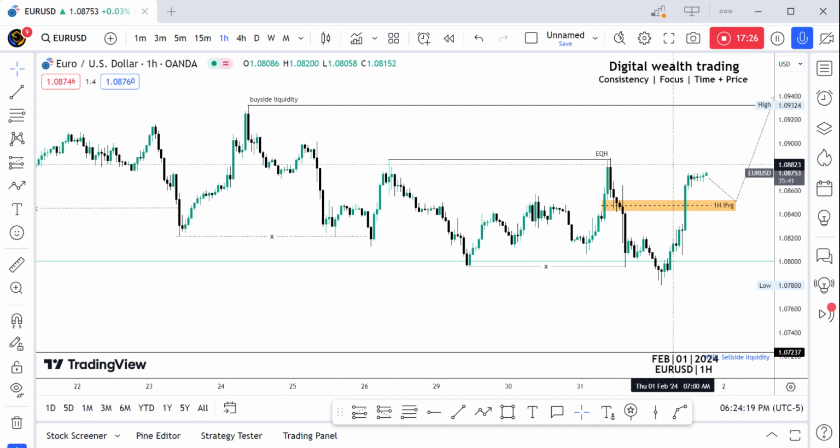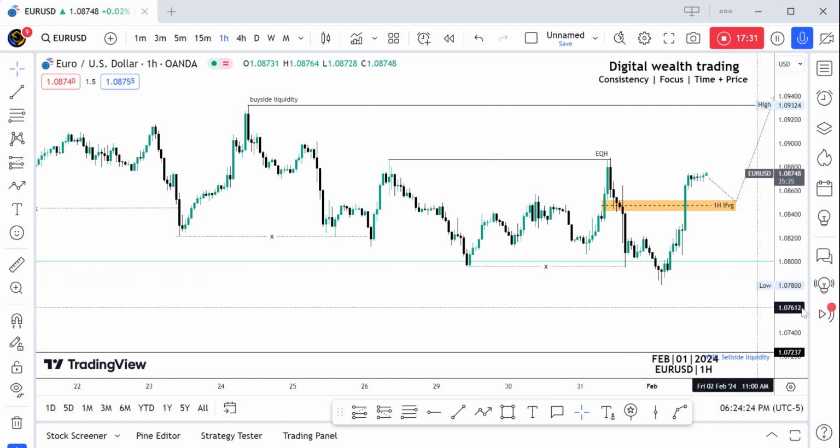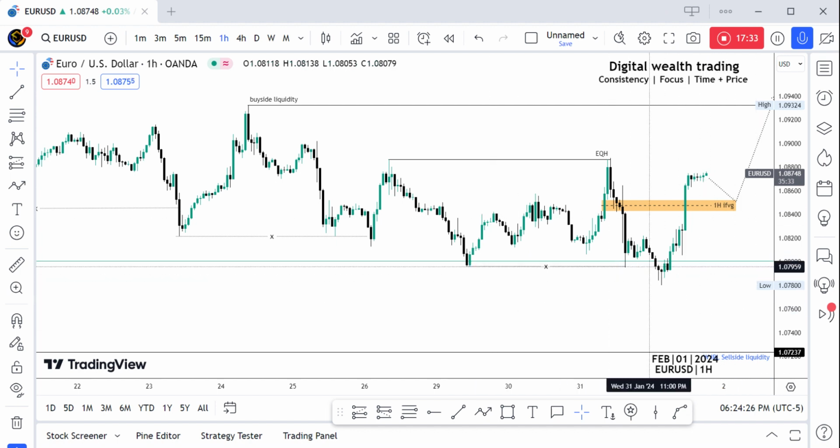That means the low of the day formed during the New York local time, which swept those equal lows and engineered higher price delivery. Now, the high of the day is formed at 12 o'clock PM New York local time, which ended the delivery of higher prices. Now, casting forward, we can use the hourly inversion fair value gap as a PD array to support the buyers going in tomorrow.